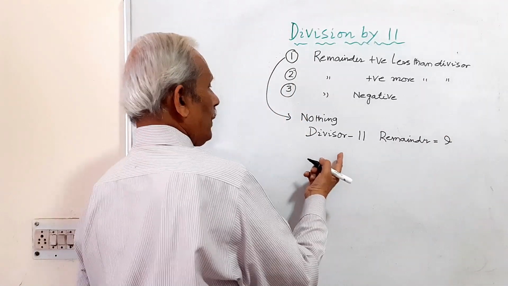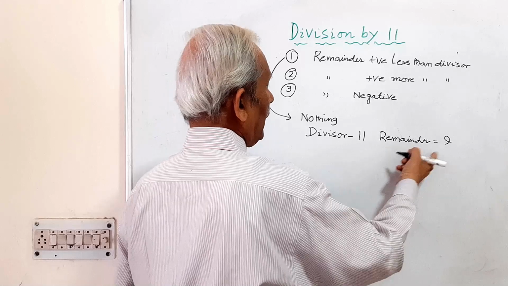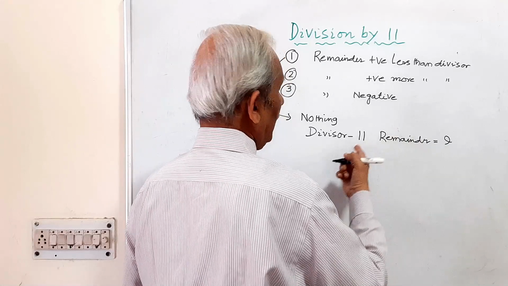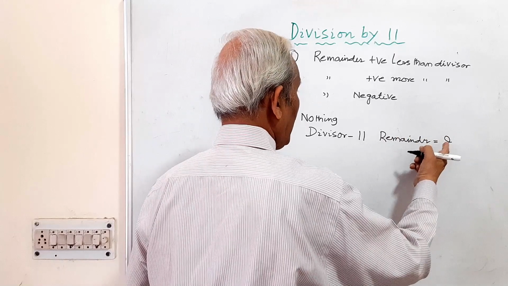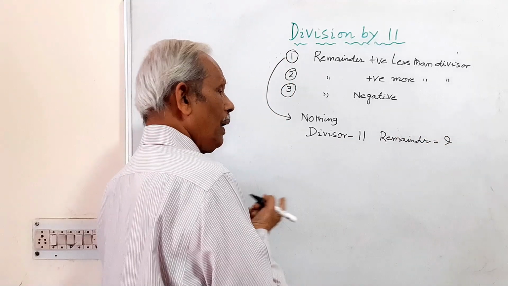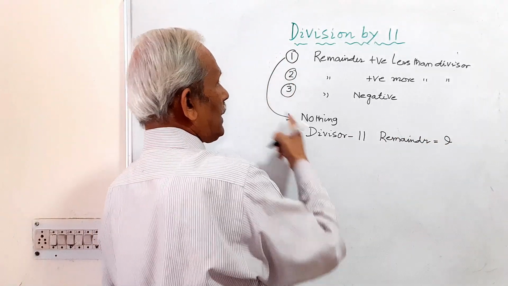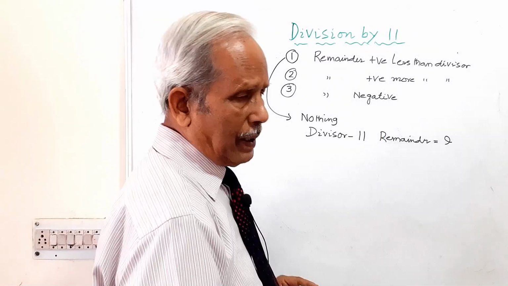Nothing is to be done because we are dividing it by 11, the remainder comes to 9. So obviously nothing is to be done. The divisor will remain as it is and the remainder will remain as it is. The remainder will become 9 and that will be your answer. So the first case is a normal case, nothing is to be done.